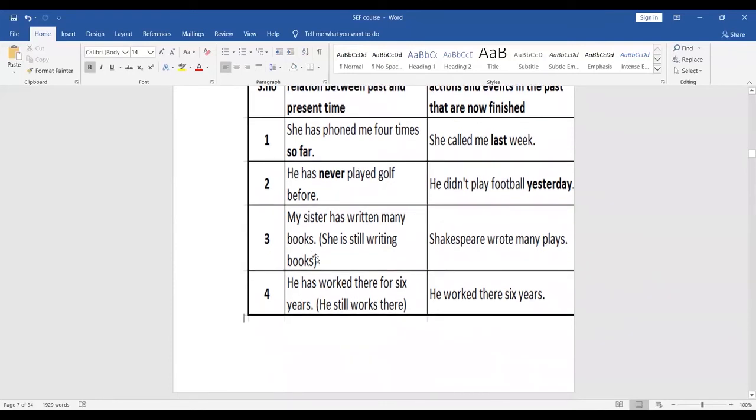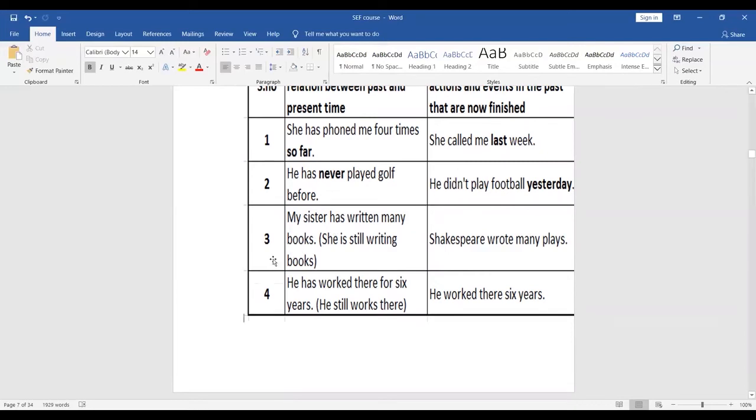A second example: he has never played golf before, which means right from the past till now, he's never played golf. The other way, the simple past, is he didn't play football yesterday. Did you get that? Which means yesterday the action is over. He might play football today, but as of yesterday, he didn't play.